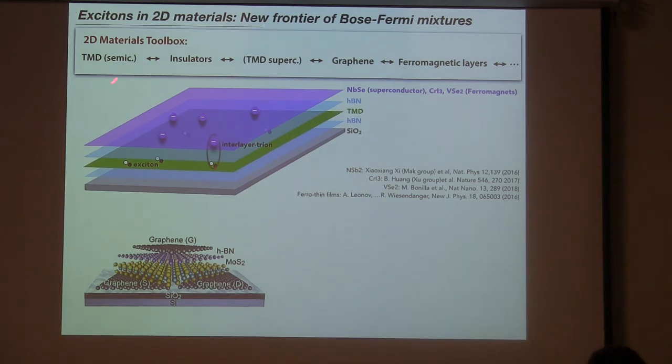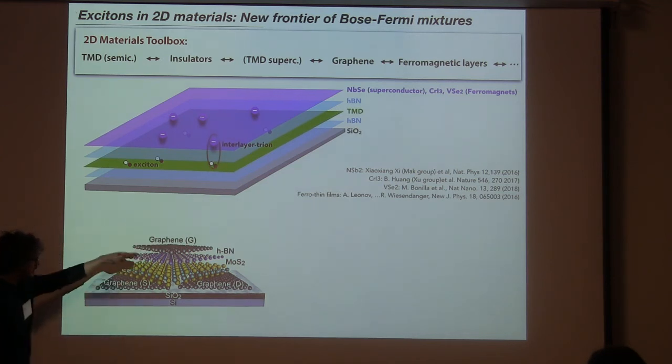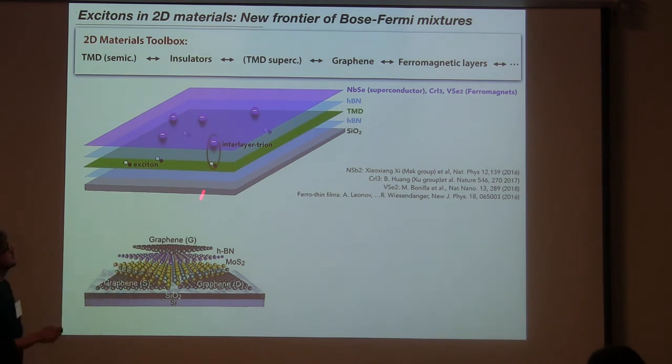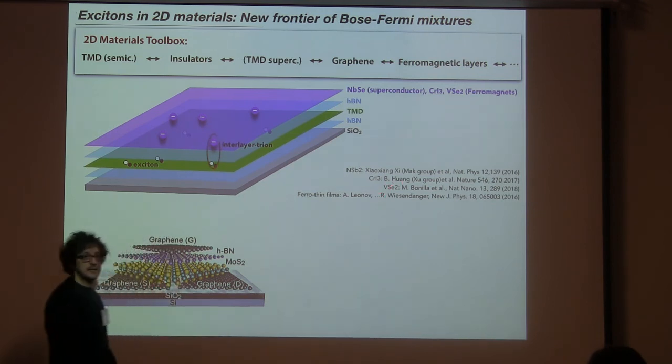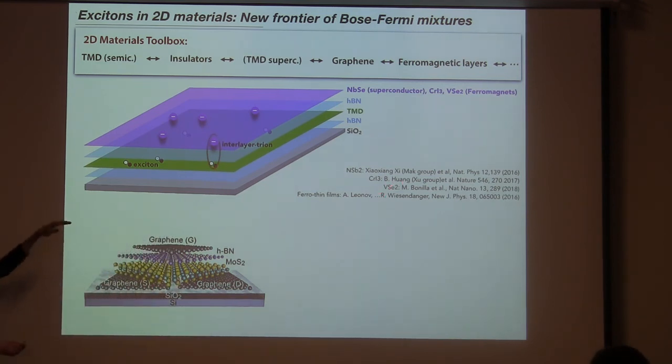Then we have a whole toolbox where we can peel off different layers from different materials. Let's say, take a layer of graphene, take a layer of a semiconductor, then we take a layer, let's say, of a ferromagnet, for instance, like palladium diselenide, put them all together in the stacking which we like for the problem we want to study, for instance, electrons in one layer, in a superconducting layer, interact with excitons in a different layer.